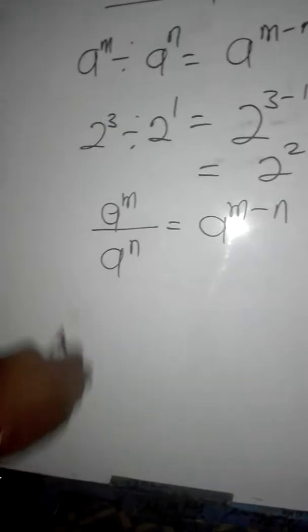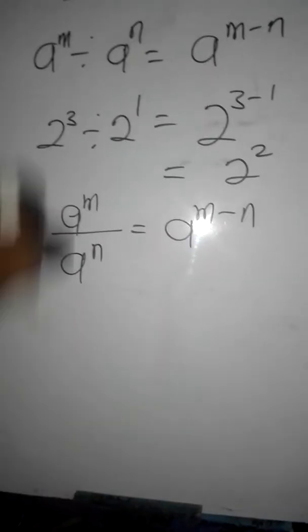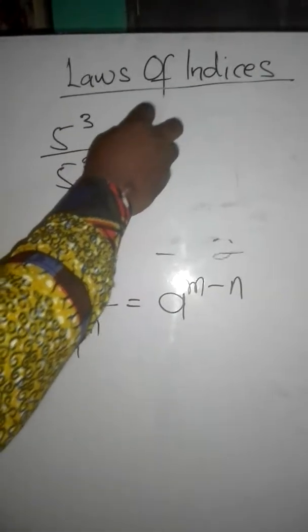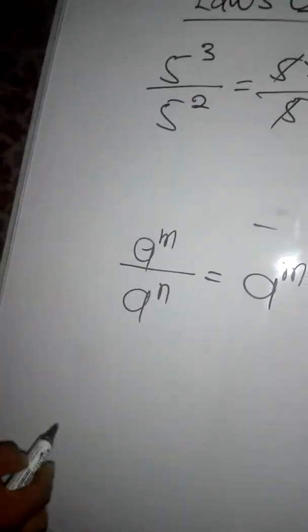We could have 5 to the power 3 dividing 5 to the power 2. This could be the same as 5 times 5 times 5 all over 5 times 5. These 5's cancel out and we get 5, which is the same as 5 to the power 1.